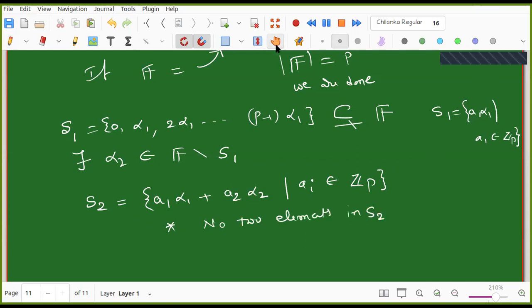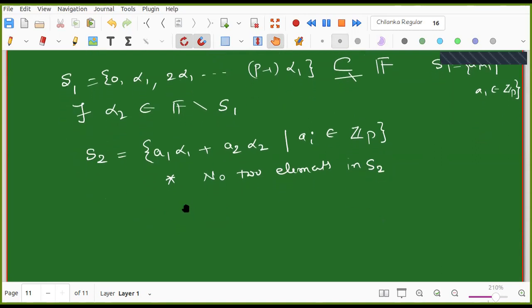Sorry, it is my satisfaction only. I am telling different proofs, but one proof is sufficient. First prove that no two elements in S2 are equal. Once you prove that, what is the cardinality of S2, please? P squared. So if my F is equal to this, we are done.